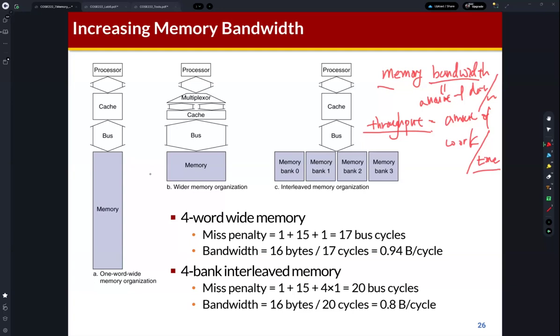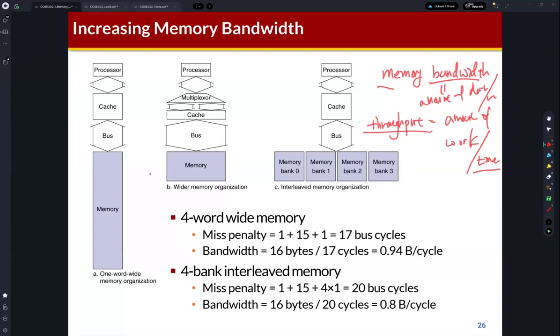And then we can use this bandwidth as the performance metric of the memory system. Which means if the bandwidth is high, the performance of the memory system is also high, right? If the bandwidth is low, then the performance is low.